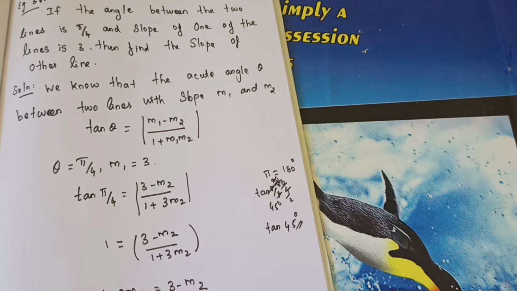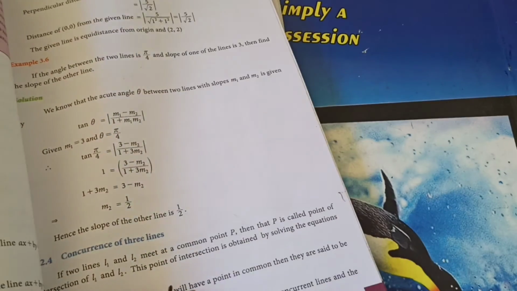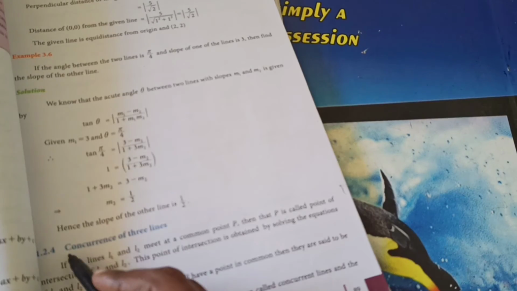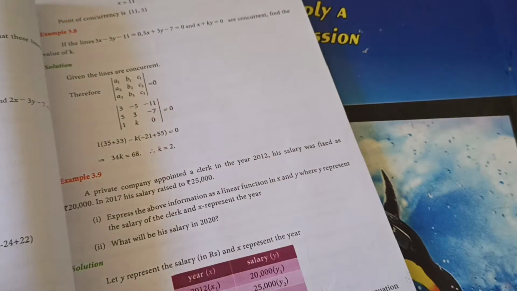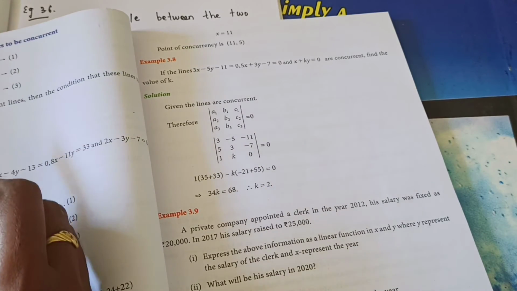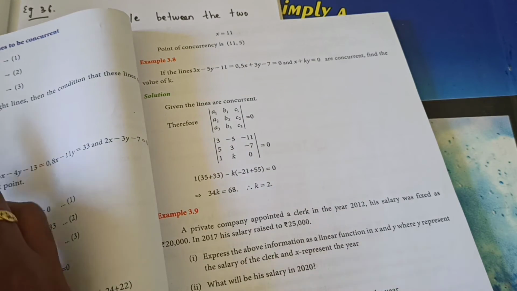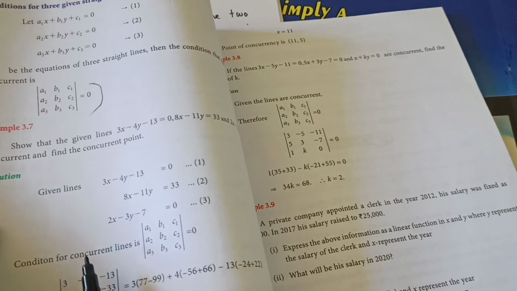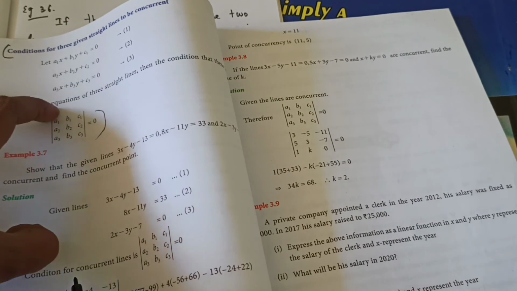Take down your books, all of you. Concurrency of the lines. So after completing this example, put the heading concurrence of 3 lines. Okay. Concurrence of 3 lines. So here what you need to take down in your note is conditions for the 3 straight lines to be concurrent. Okay. So this is a formula. They will give the 3 equations.